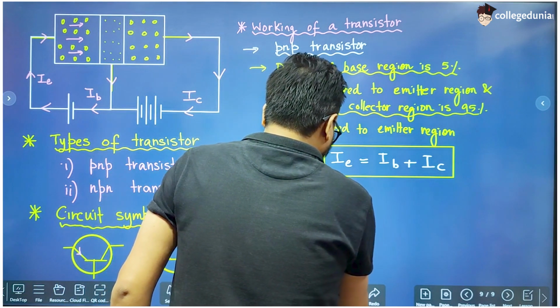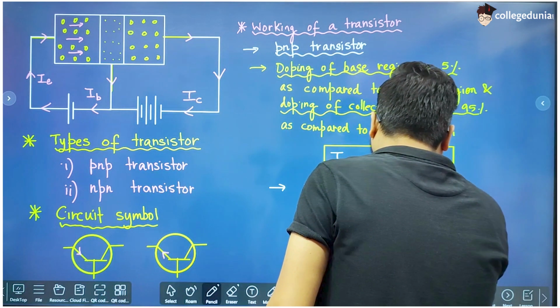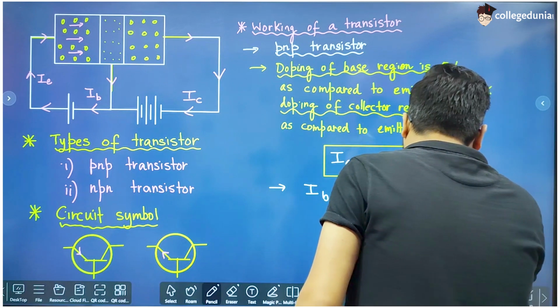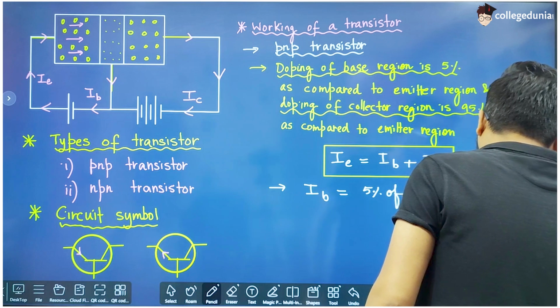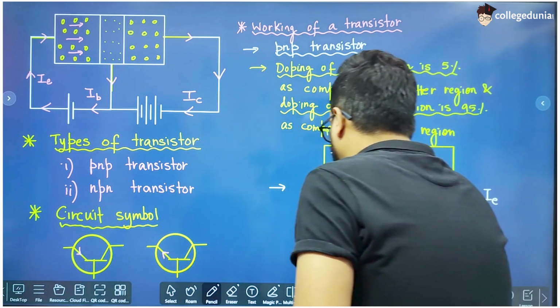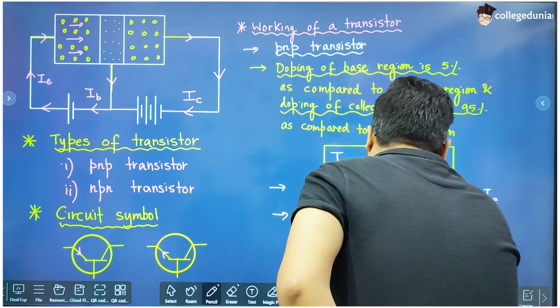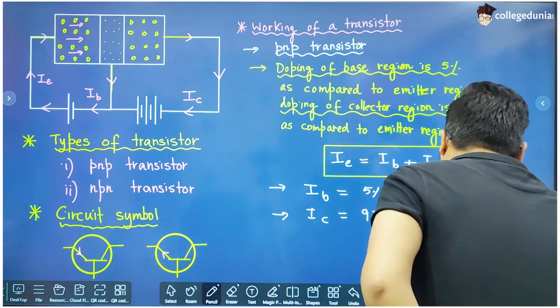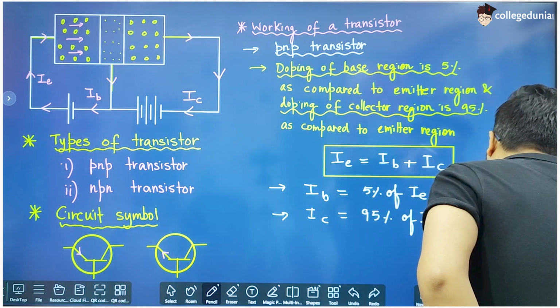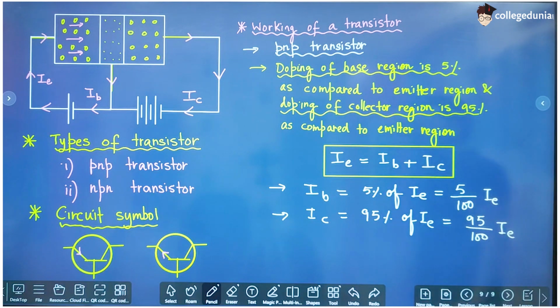And IB, that is base current, is 5% of IE, that is 5 by 100 IE, and IC is 95% of IE, that is 95 by 100 IE, right? Okay.